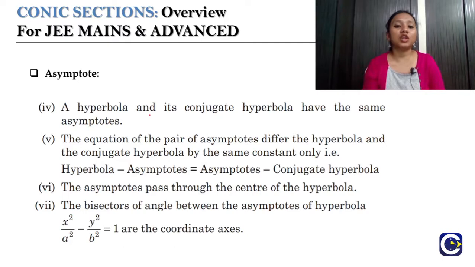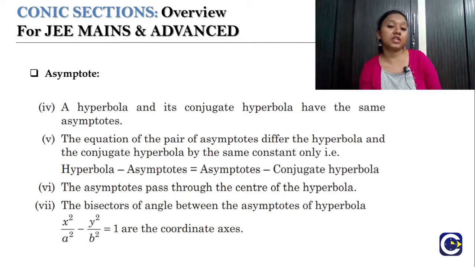So a hyperbola and its conjugate hyperbola have the same asymptotes. Okay, so the equations of the hyperbola and the conjugate hyperbola differ from the pair of asymptotes by the same constant. So here you have to remember they will be differing by the same constant. That means hyperbola minus asymptotes is equal to asymptotes minus conjugate hyperbola. So in other words, you can say equation of hyperbola minus equation of asymptotes.